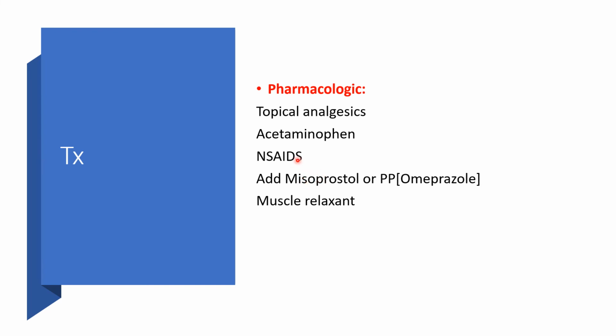Misoprostol is better. But if proton pump inhibitors are what is available in your region, like omeprazole, you can add. So either way, either Cytotec, misoprostol, or omeprazole, a proton pump inhibitor, in addition to your ibuprofen or naproxen, that will help the patient.